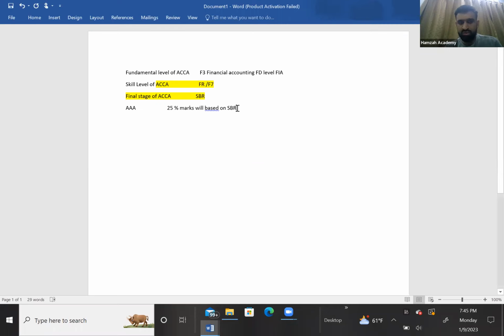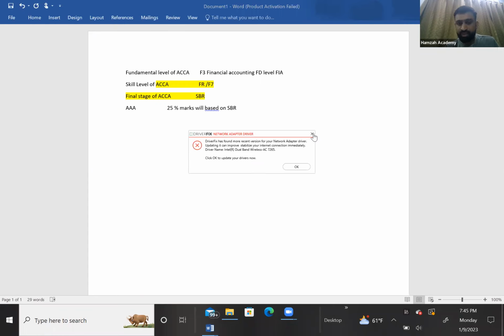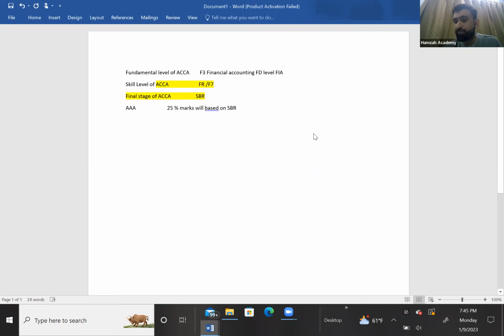Now, the paper will be, as you know, a computer-based exam.